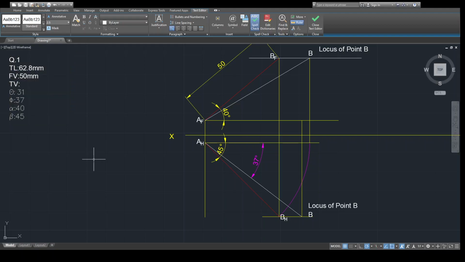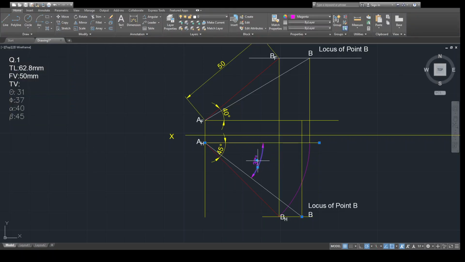Remember, the dimensions which are given to you, those dimensions you have to show. The dimensions which are given in the problem, those you have to show. The rest of the parameters, which are asked in the question, need not be shown, you just write them here only.